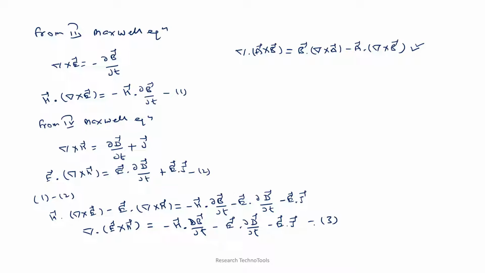Now we will write a term here, that is H vector dot del B vector upon del t.